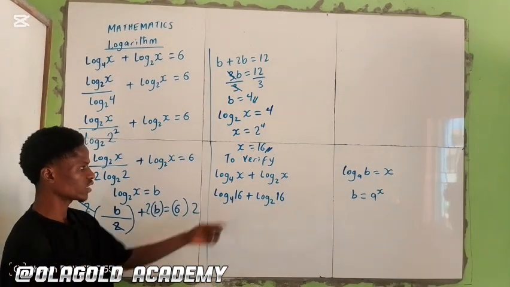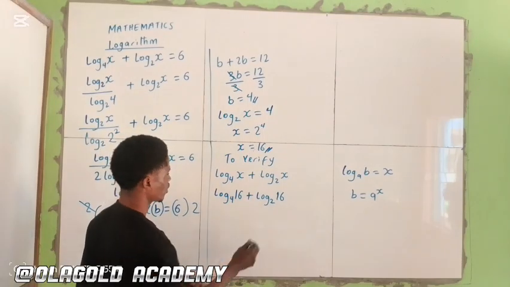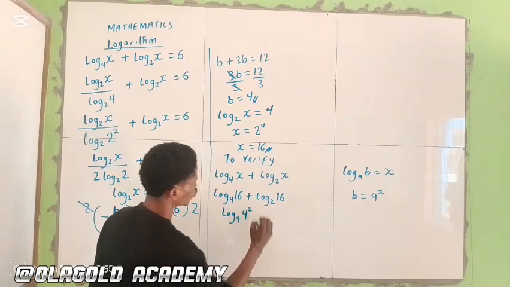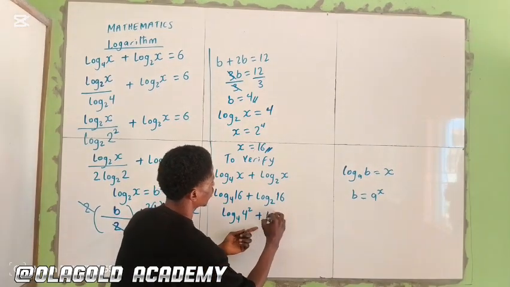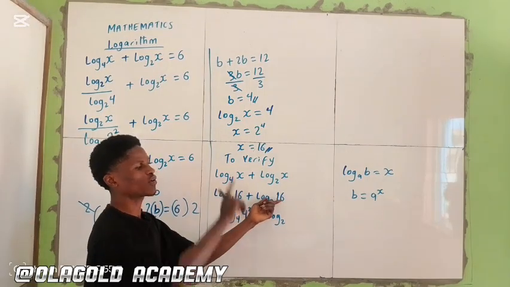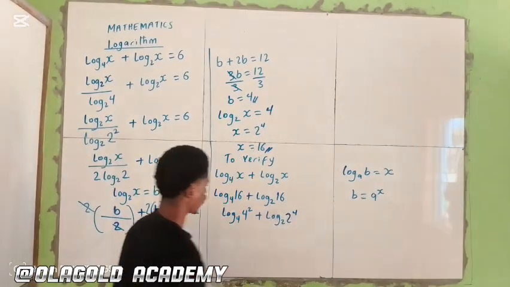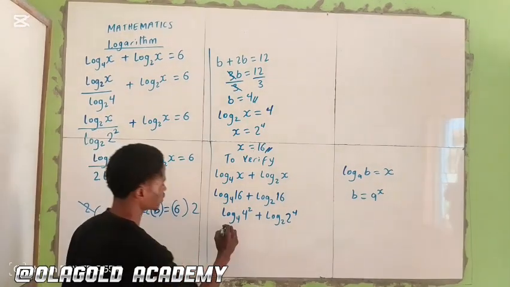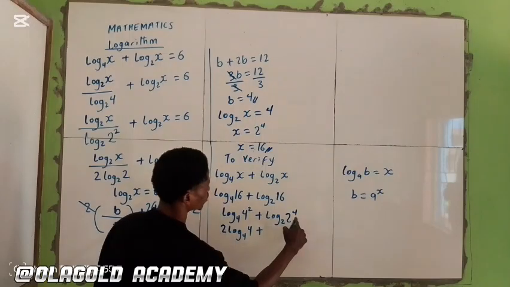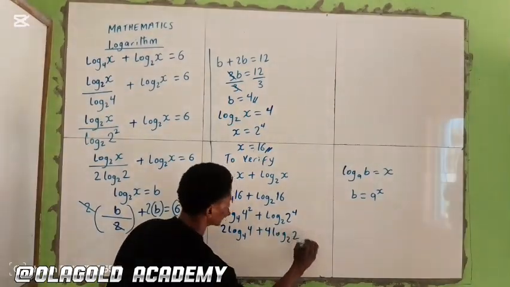So what's the next thing here? I will write this 16 as 4 to the power of 2. I'm going to get log 4 of 4 to the power of 2 plus log 2. I'll write this 16 also as 2 raised to the power of 4. Bringing down these powers, I'm going to get 2 log 4 of 4 plus 4 log 2 of 2.